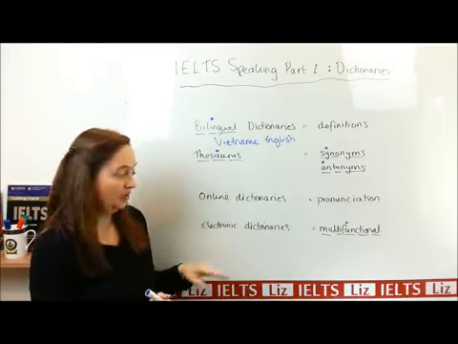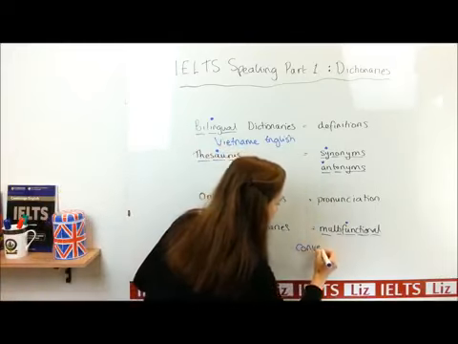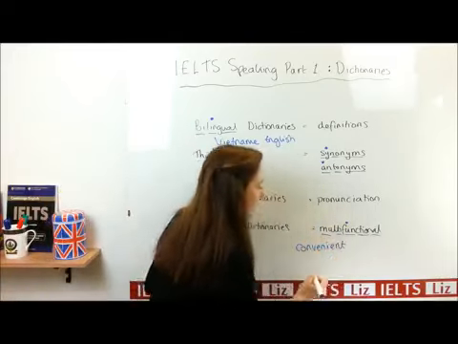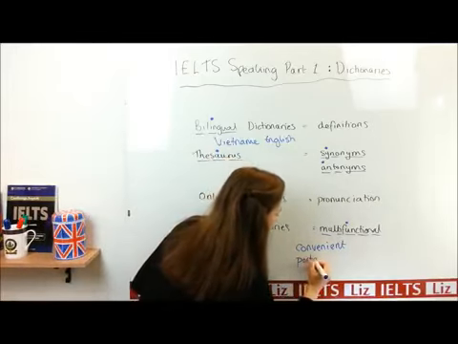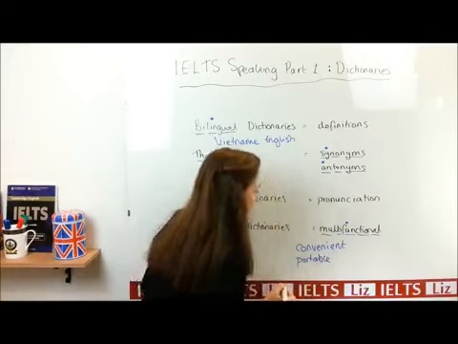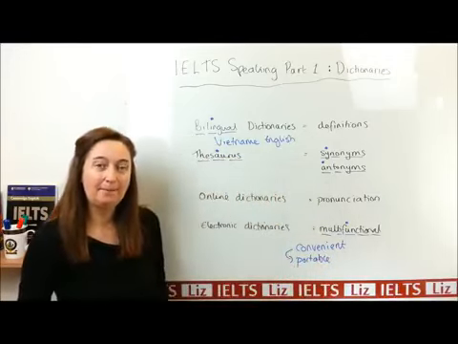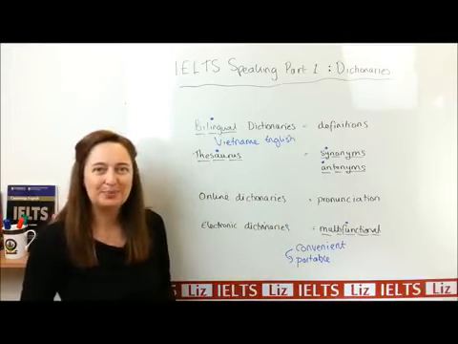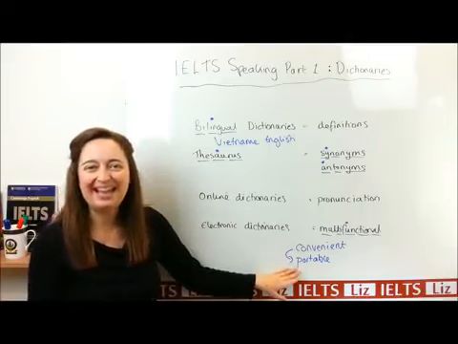They are also very useful because they are convenient. And that means they are convenient because they are portable. And portable means we can carry them. We can carry them anywhere.